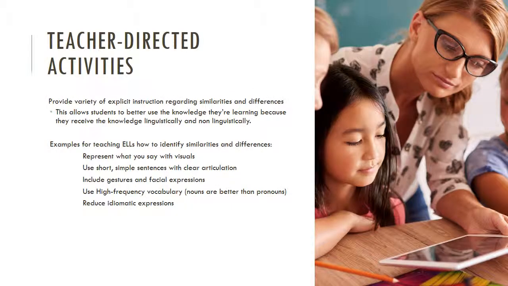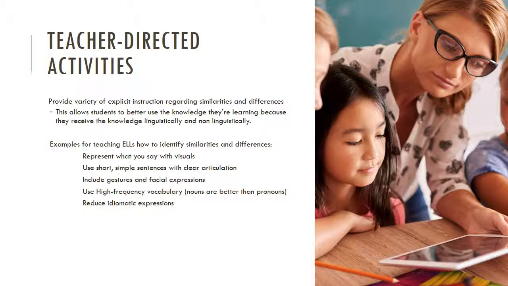The first step is to provide a variety of teacher-directed explicit instruction. This allows students to better use the knowledge they're learning because they receive the knowledge linguistically and non-linguistically.